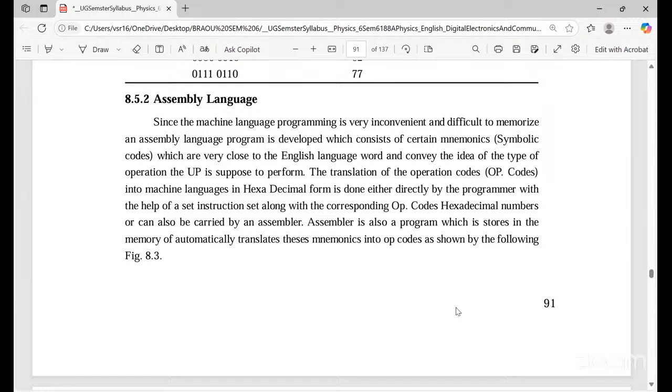Here the translation of the operation codes, opcodes, into machine language in hexadecimal form can be done directly by the programmer with the help of the instruction set of the microprocessor.